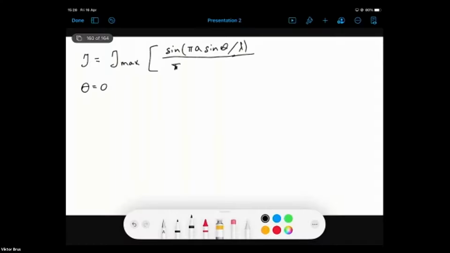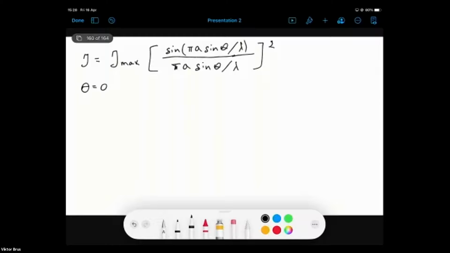And in the denominator we have pi times a times sine theta divided by lambda, and this is squared. So this is the expression which describes quantitatively the intensity distribution along the diffraction pattern of a single slit.